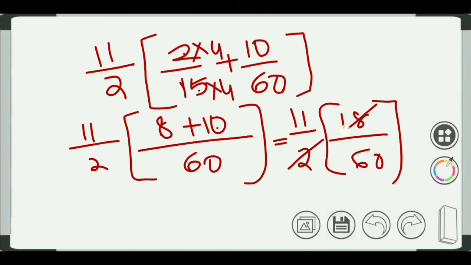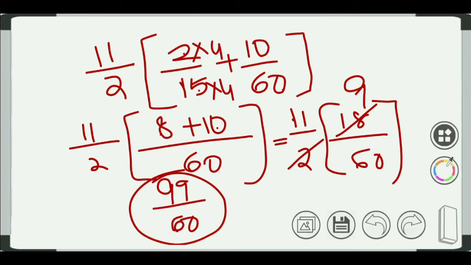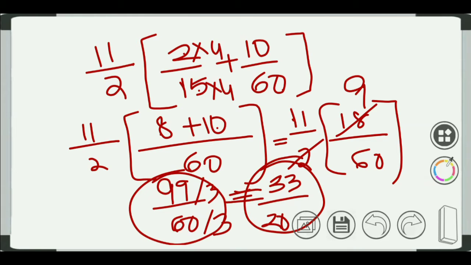So I can cancel: 9 twos are 18. So 11 into 9, 99 divided by 60 is your answer. If you want, you can simplify more to 33 by 20 by dividing both by 3. Both are equal. You can write either 99 by 60 or 33 by 20.